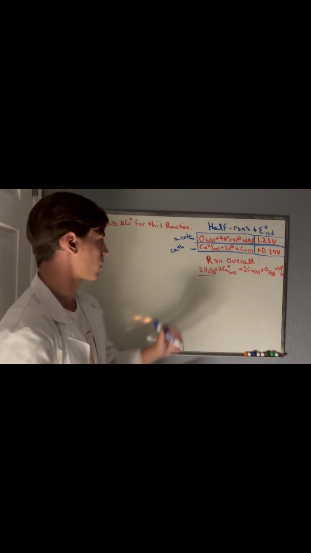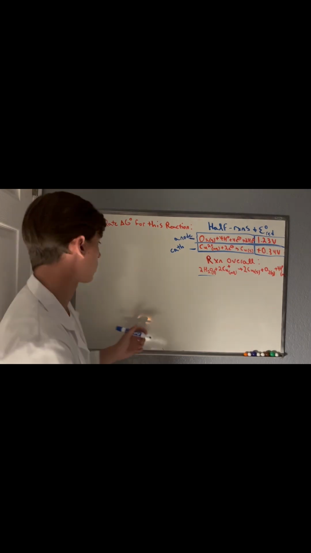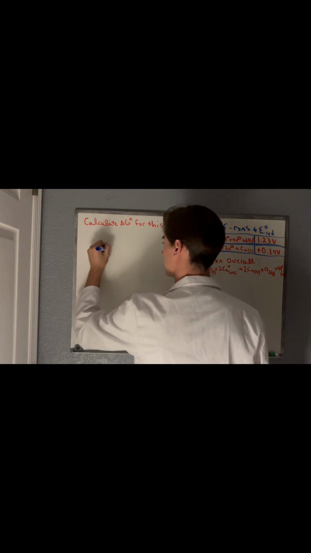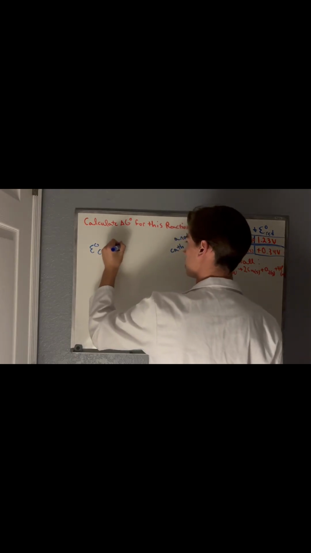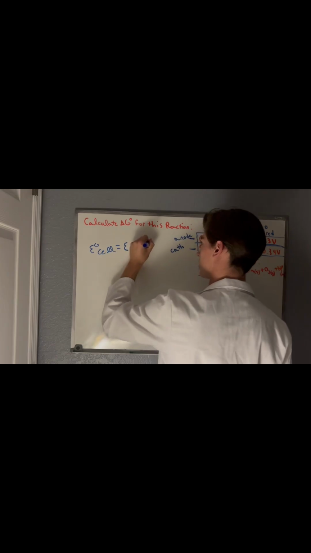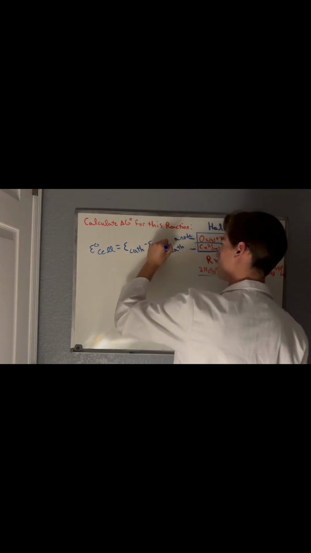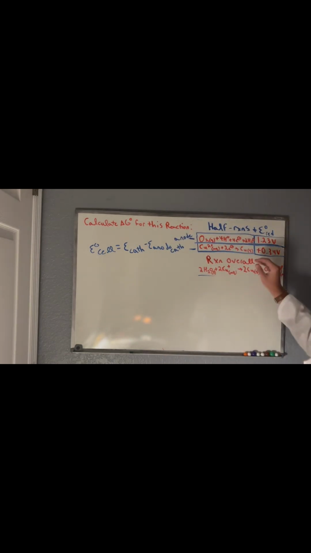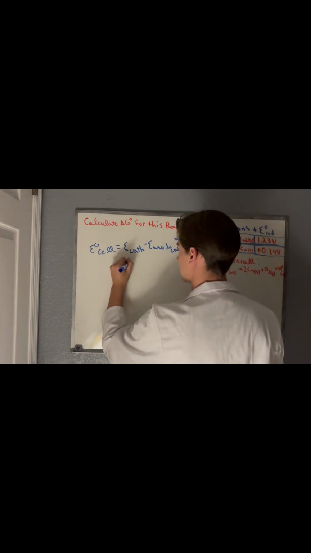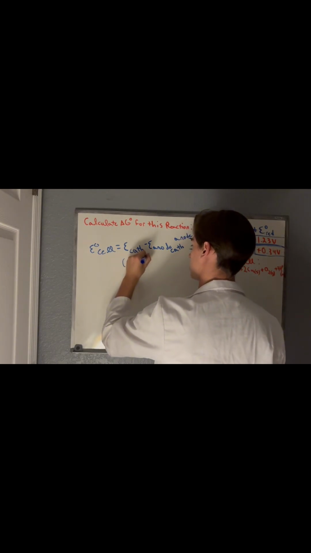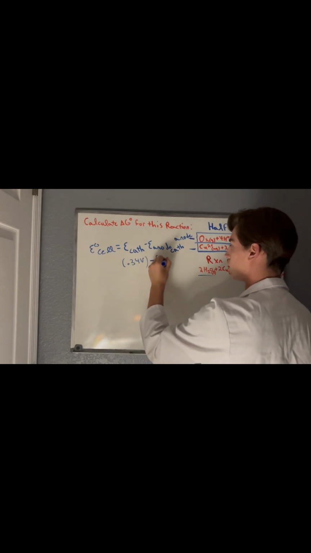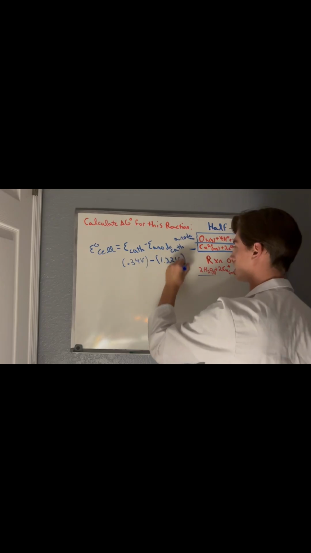So then if we're going to calculate our overall E cell, we are going to say our E cell equals our E cathode minus our E anode. And so at the cathode, we're going to have 0.34 volts, don't forget your units, and then we're going to subtract our anode, which is 1.23 volts.